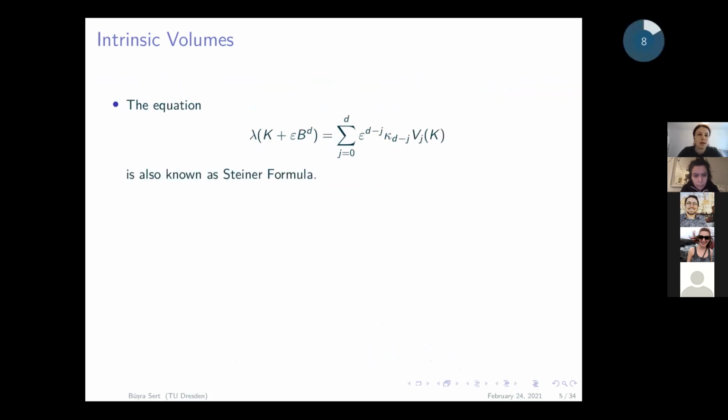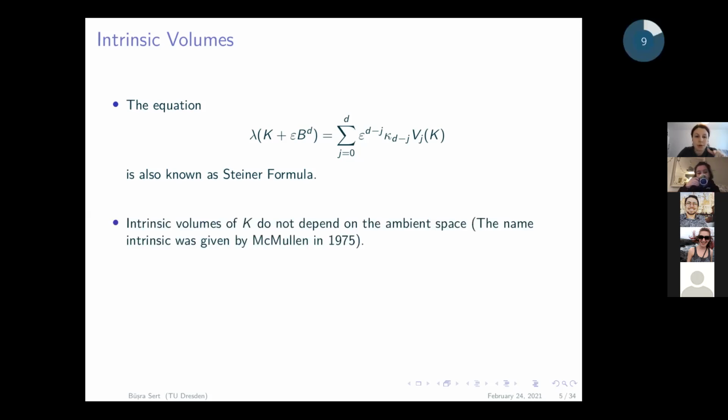Some facts about intrinsic volumes. This equation is also known as the Steiner formula, and Steiner showed that the right-hand side is a polynomial. Intrinsic volumes are also called Minkowski functionals. That's where the name Minkowski tensors comes from afterwards. Intrinsic volumes of a convex body do not depend on the ambient space, which is one of the nice properties.